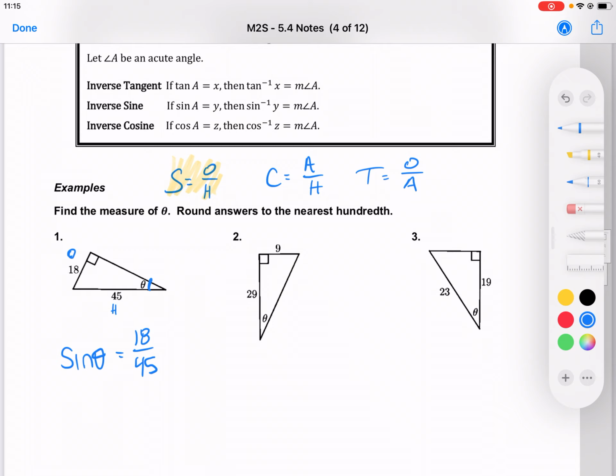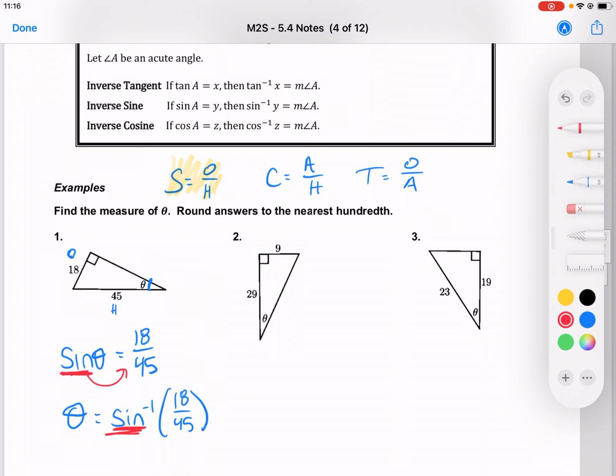To solve that, you're really just doing the inverse of both sides. So theta is equal to sine inverse of 18 over 45. Notice I moved this sine so that it has that little negative one, which tells us we're doing the inverse, and we're putting it on the other side.